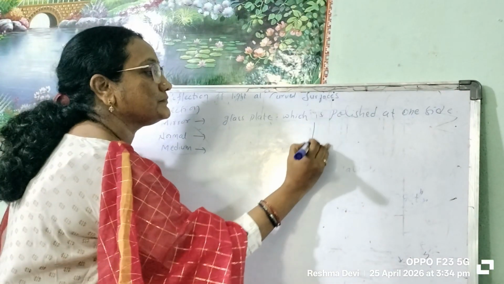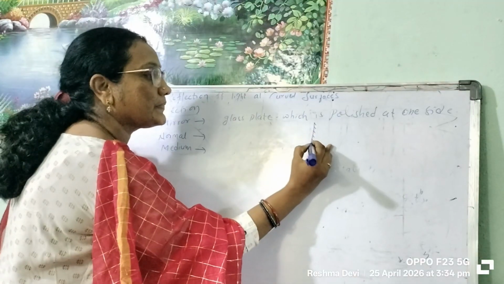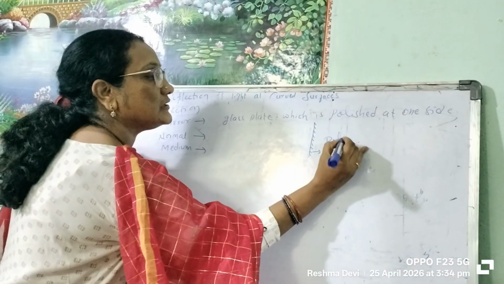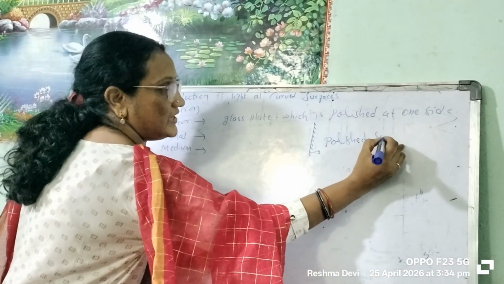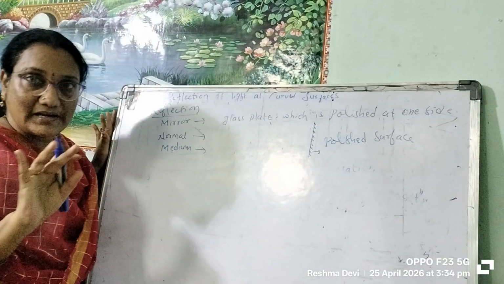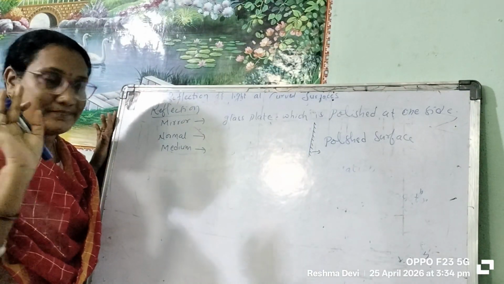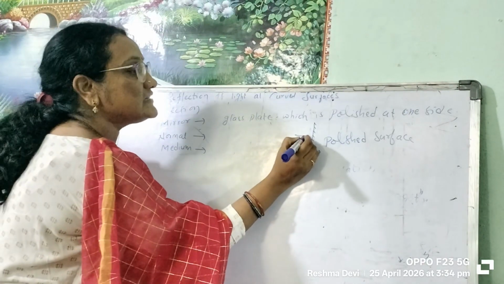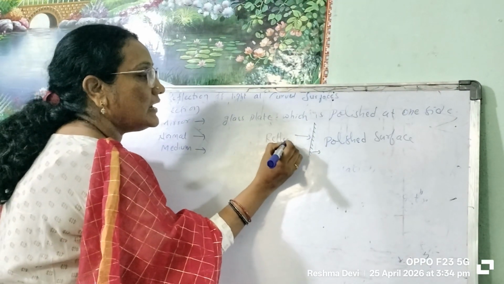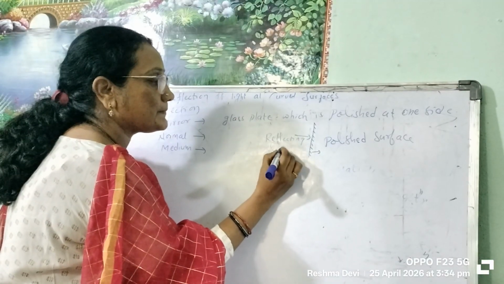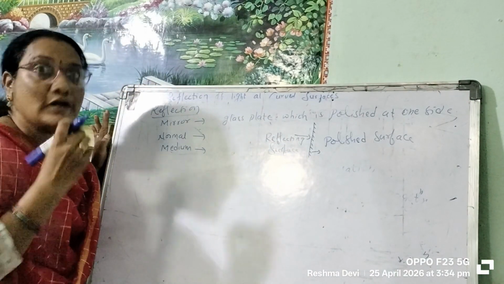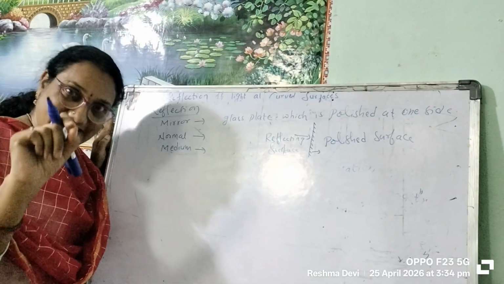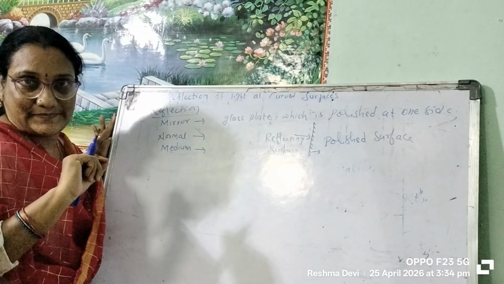These lines are the symbolic representation of polishing. One side is polished, and the other side we call the reflecting surface. So what is a mirror? A plain glass plate which is polished on one side, we call a mirror.